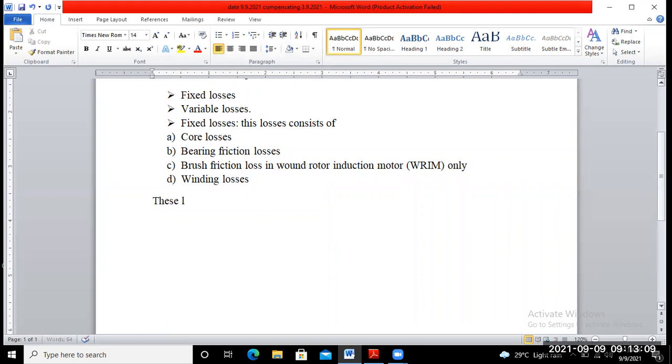These losses are taken to be constant over the normal working range of the induction motor.